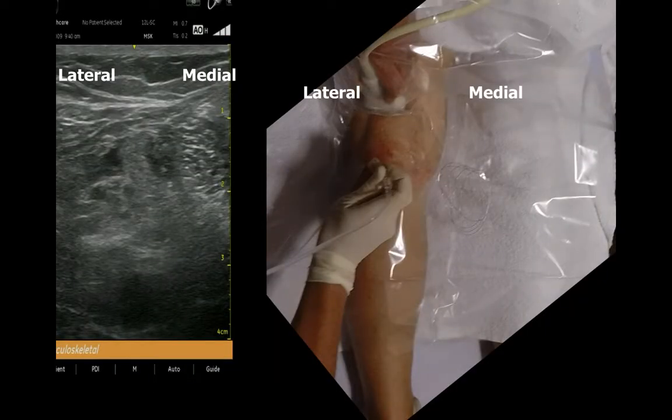This is another example of a catheter placement in the popliteal fossa. Again, the transducer is outside the sterile field. The white arrows show how the point of the needle insertion can be correlated to the ultrasound image.